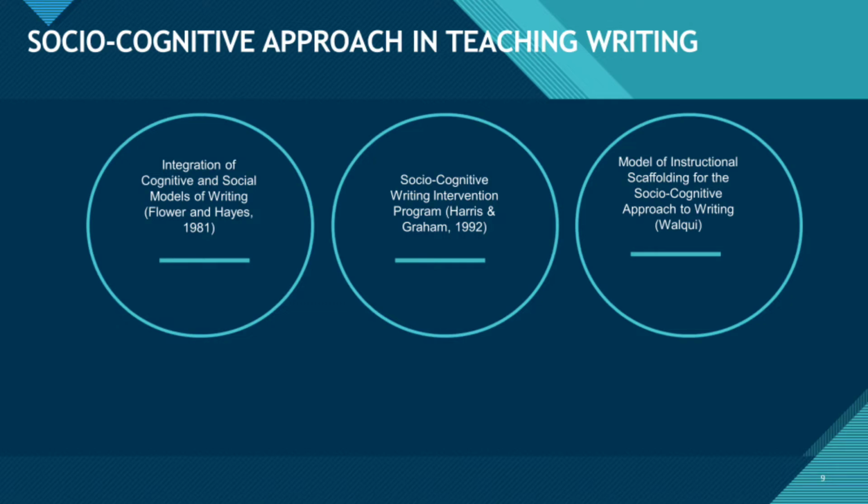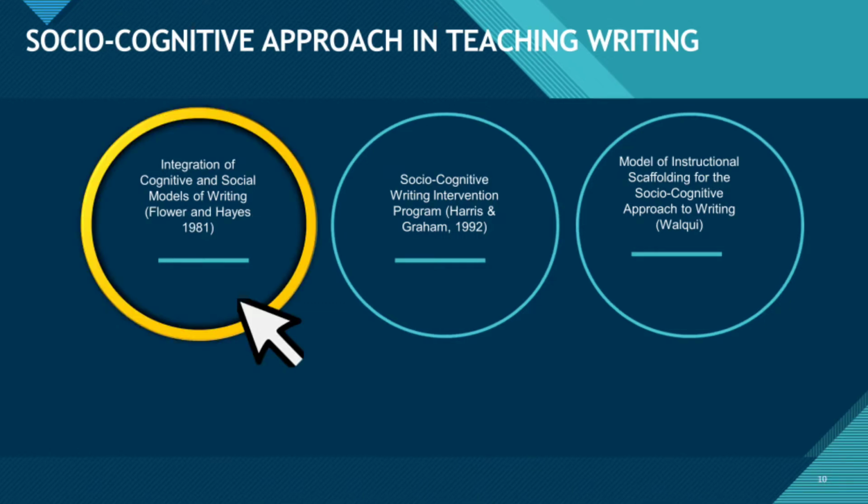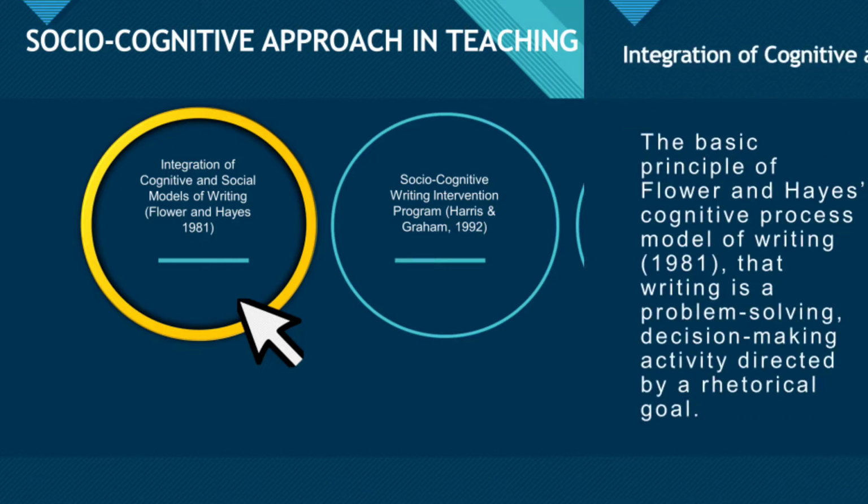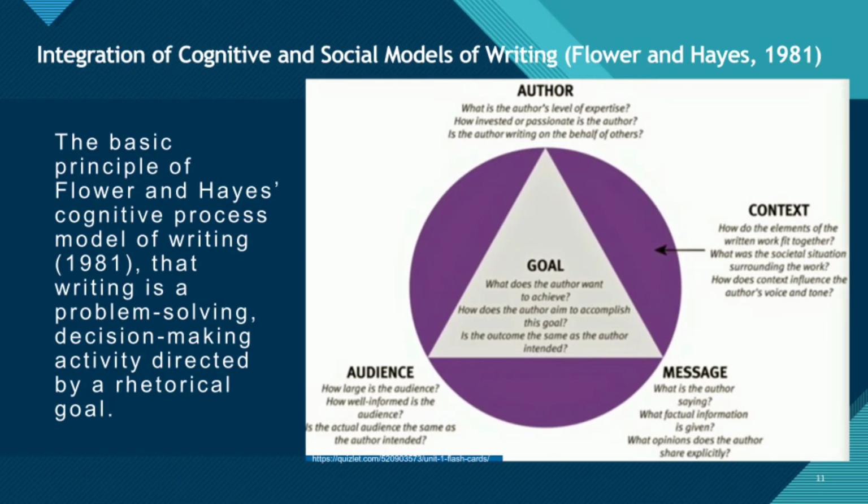Let's start with the integration of cognitive and social models of writing by Flower and Hayes, 1981. The basic principle of Flower and Hayes' cognitive process and social model of writing is that writing is a problem-solving, decision-making activity directed by a rhetorical goal.